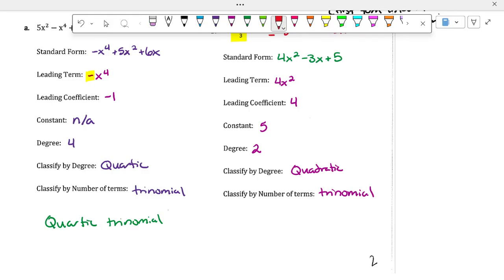So the fancy name would be a quadratic trinomial. So if I ask you to name a polynomial, that's what you should be asking yourself: What's the highest exponent? What's the degree? What would be the fancy name for it based off that degree? And then how many terms does it have? What does that make the polynomial? That's what you should be going through your mind when you're classifying polynomials.